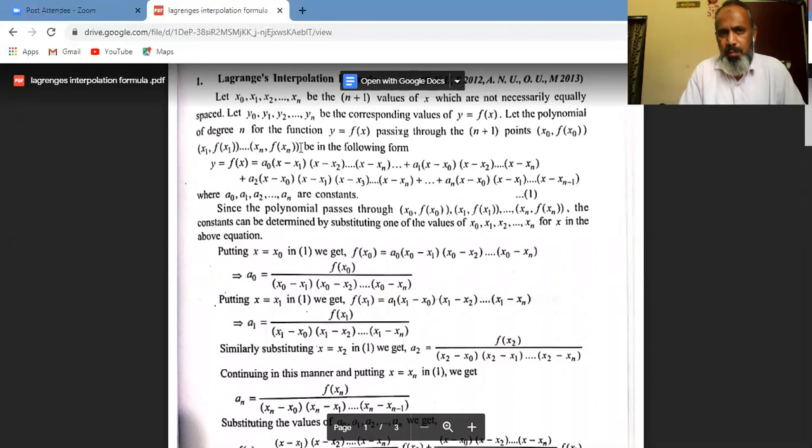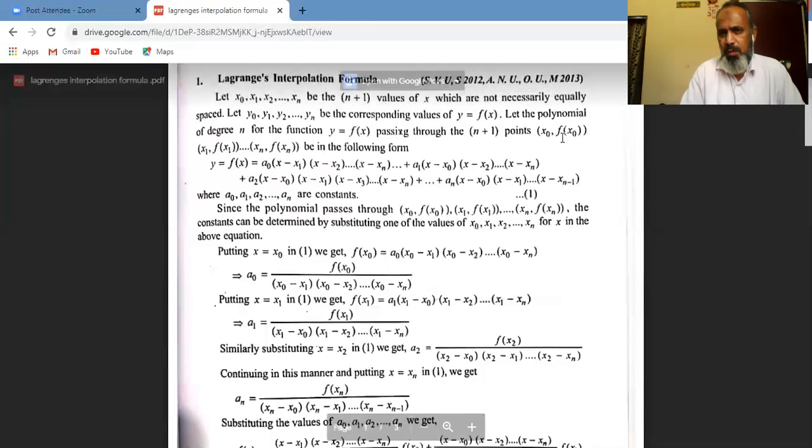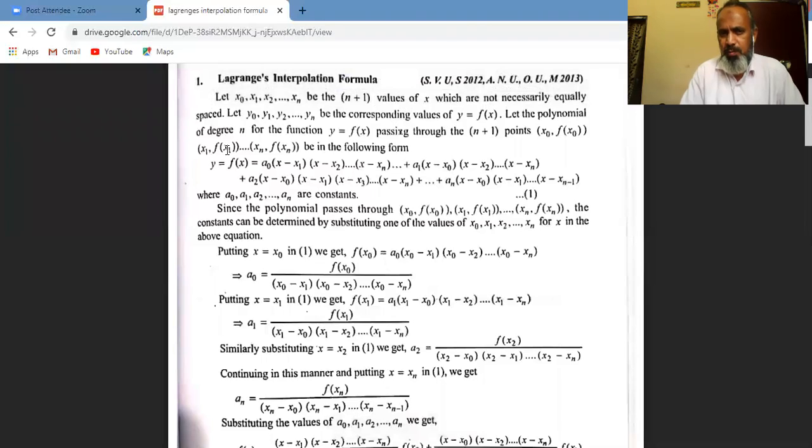So let the polynomial of degree n for the function y is equal to f of x pass through these n plus 1 points. So these points can be written as x0, f of x0, that is y0. At x is equal to x0, the corresponding value is y0. At x is equal to x1, the corresponding value is f of x1, that is y1. So x1, f of x1, x2, f of x2, up to xn, f of xn.